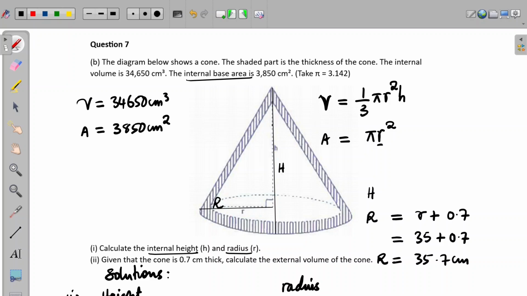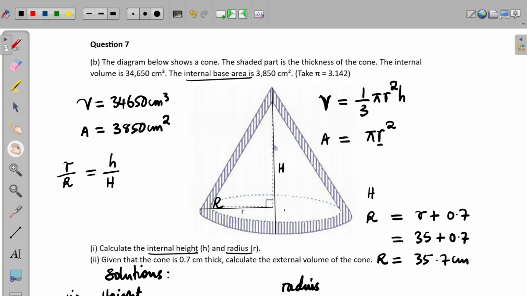Because they are sharing the same apex or top, we will use the ratios which say small letter radius over capital radius is equal to small height over large height. So that's how it is going to be.